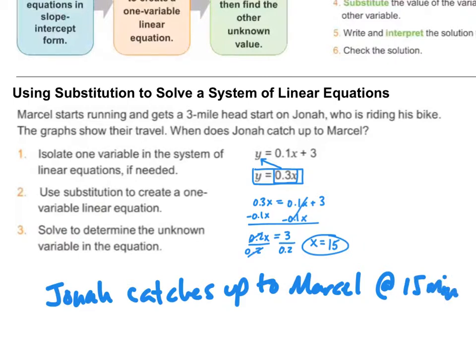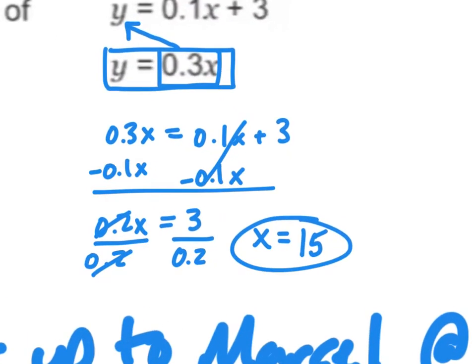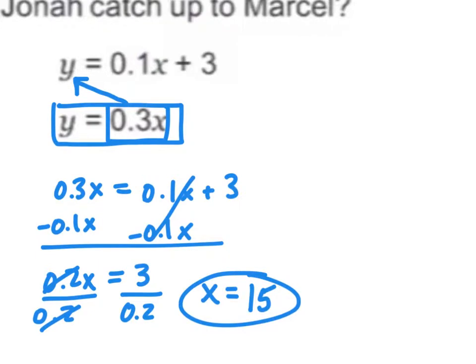And that's the answer. That's what we want to interpret from this. We want to take this value of 15 and ask, what does this number represent? Is it time? Is it a distance? And then, if we find the x value, we can also figure out what the y value is.